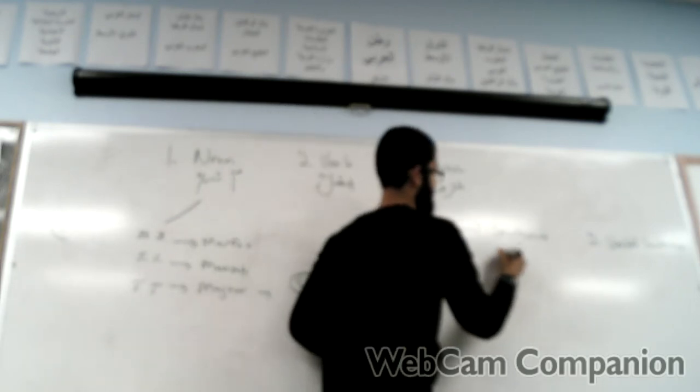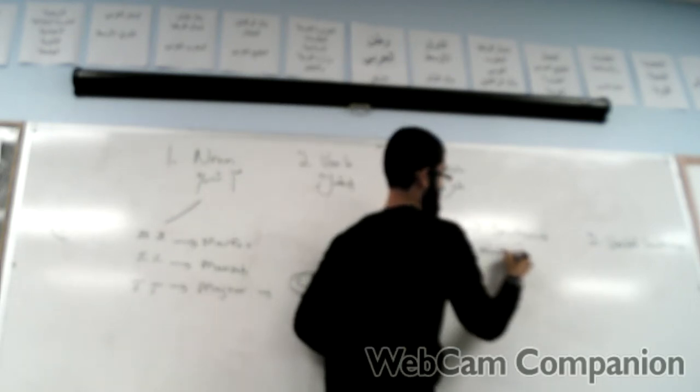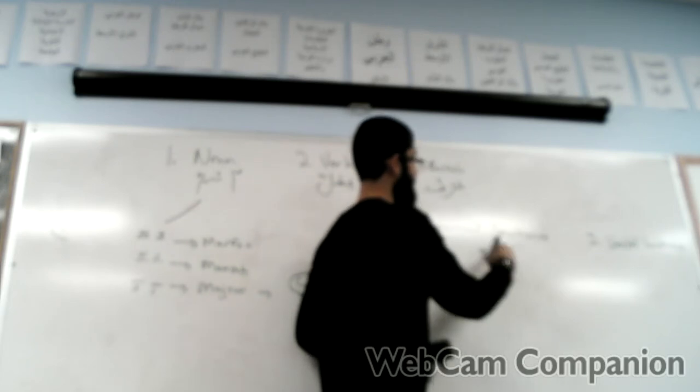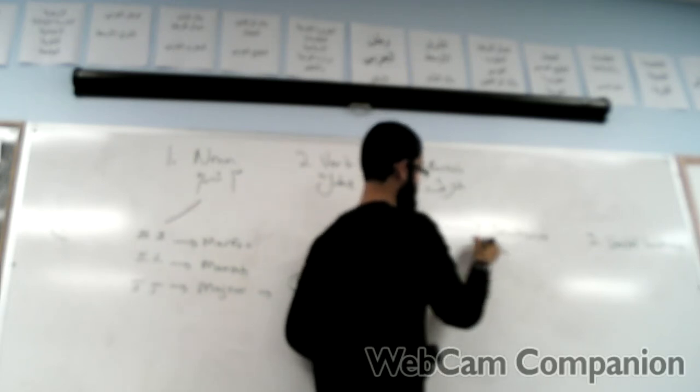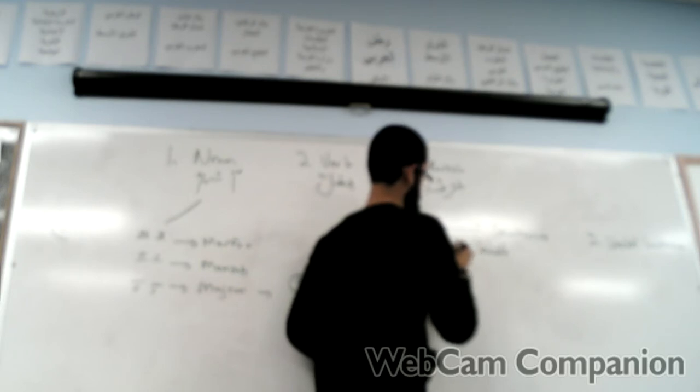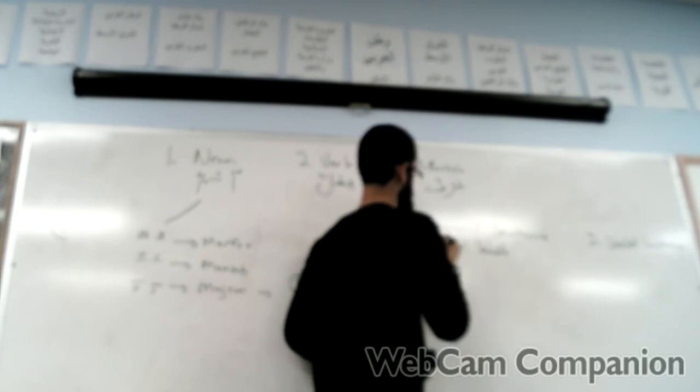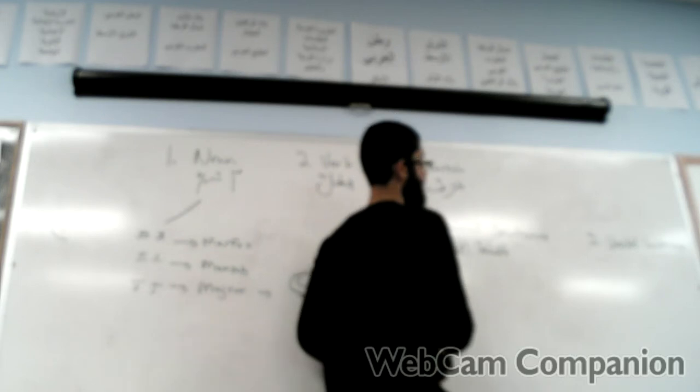Jumla ismiya. You don't have to write the Arabic down, but you can, it's good if you have it. And then the verbal sentence is jumla fi'liya.